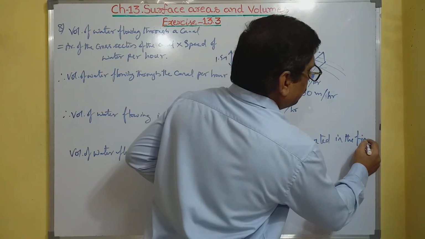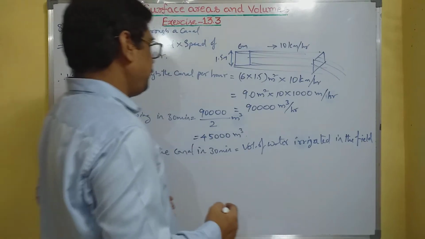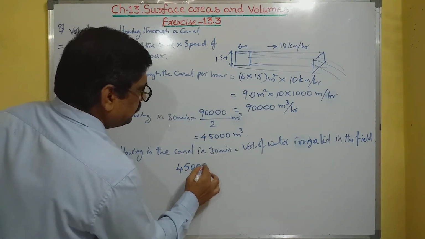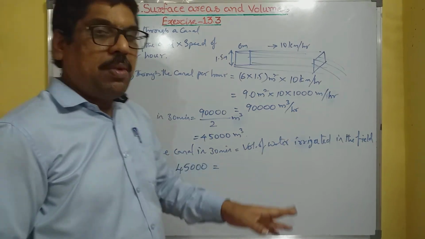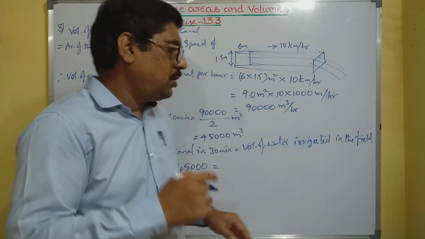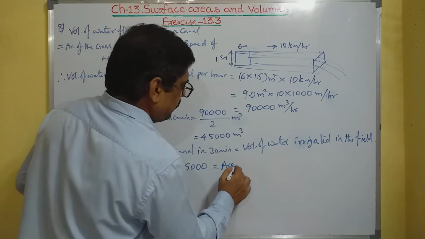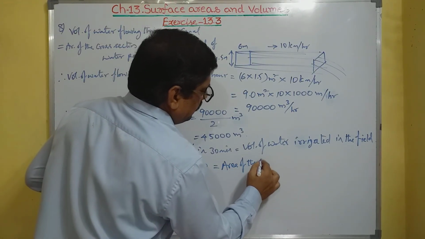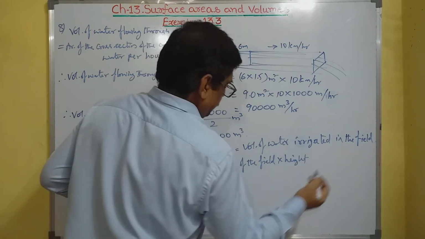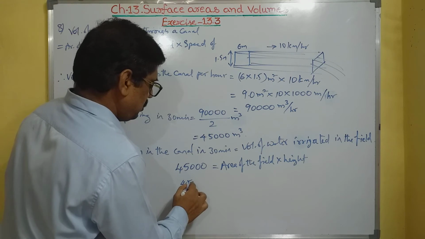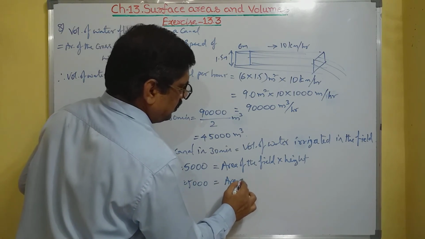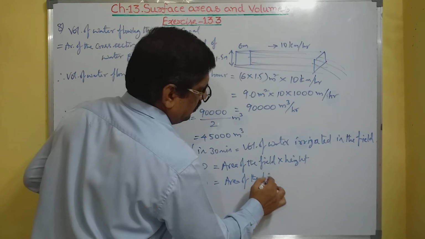So 45,000 is equal to the volume of water which is sent into a field, which is equal to area of the field into height. So 45,000 is equal to area of the field, which is not given. That only we need to find.